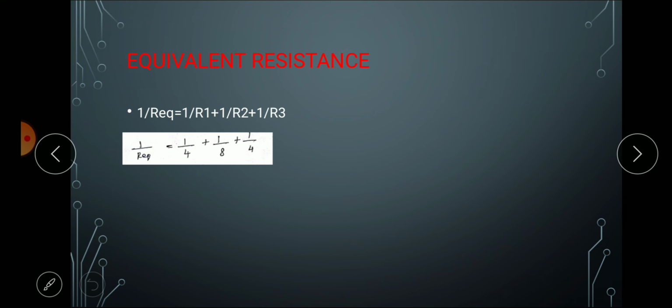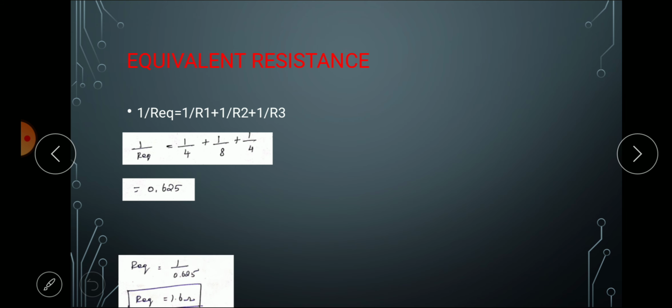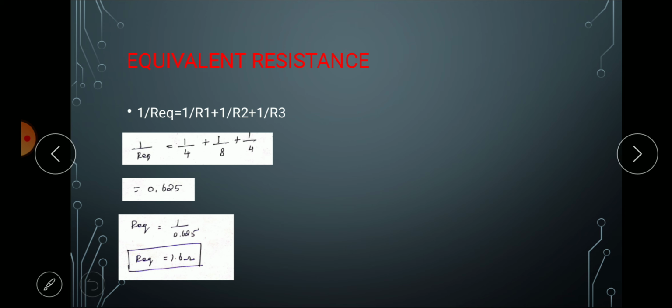R1 is 4 ohm, R2 is 8 ohm, R3 is 4 ohm. Then 1 by R equivalent is equal to 0.625, but we need R equivalent. R equivalent is equal to 1 divided by 0.625. The value of R equivalent is 1.6 ohm.